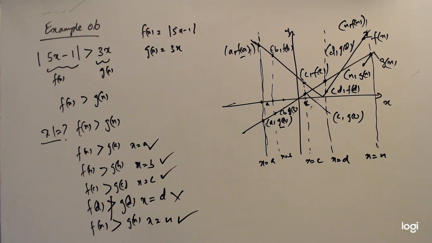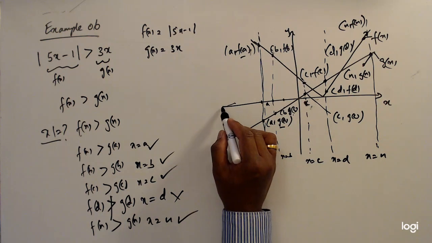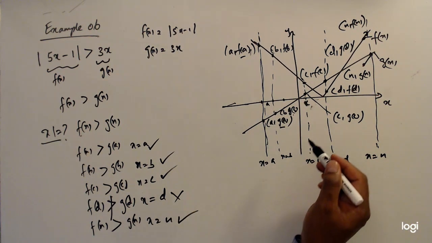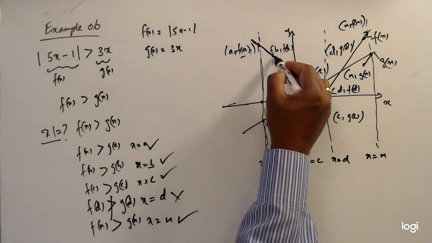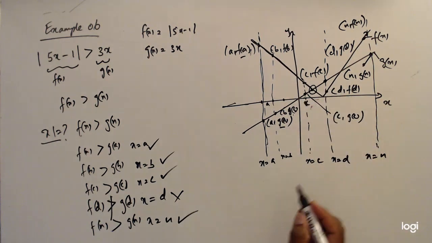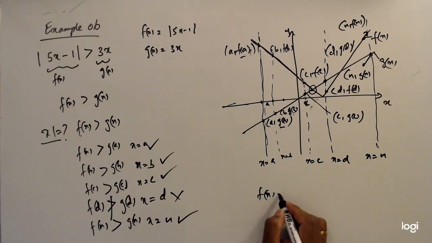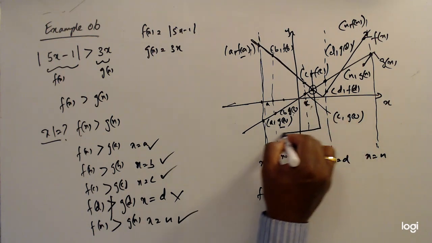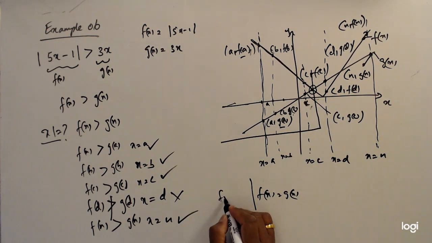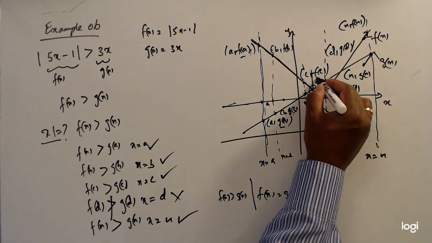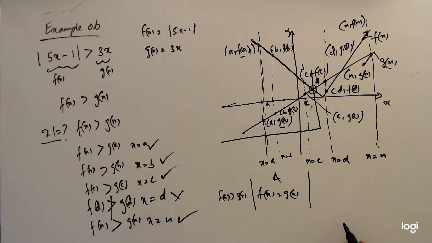That's how you want to look at it. Instead of checking an infinite number of x values, by observation we can see up to here all f values are bigger, and at this point fx and gx are the same. So up to here, fx greater than gx, and at this point, let's say point a, fx equal gx.